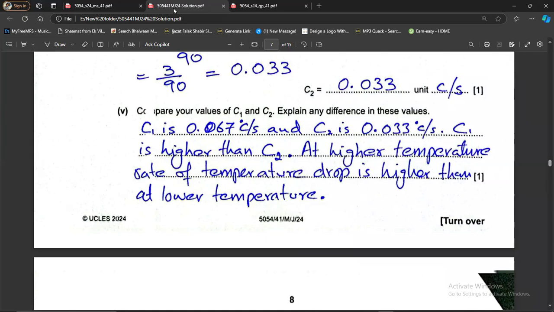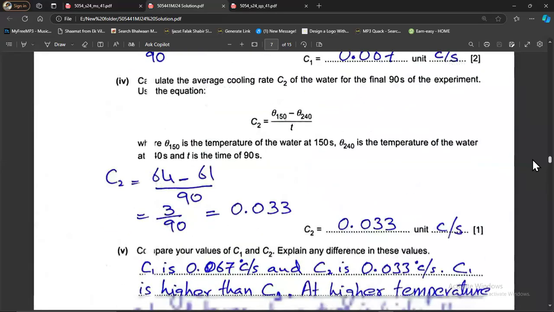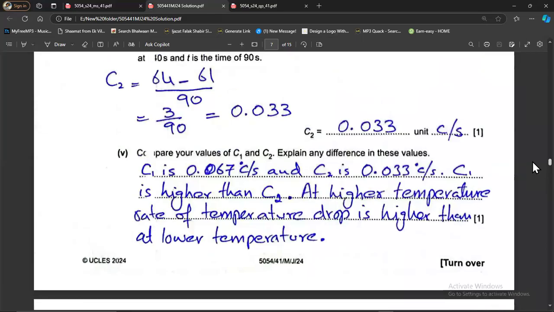But when the 150 seconds have passed, the temperature of the hot water has become 64. So the temperature difference between the hot water and the surrounding has become less.